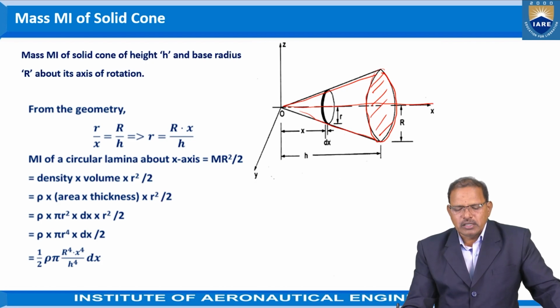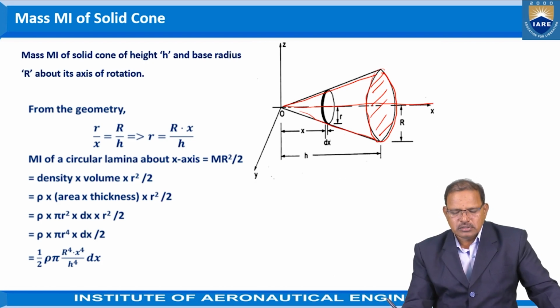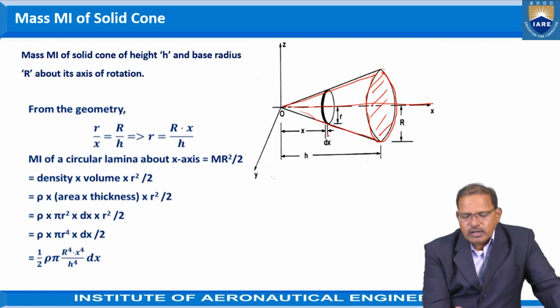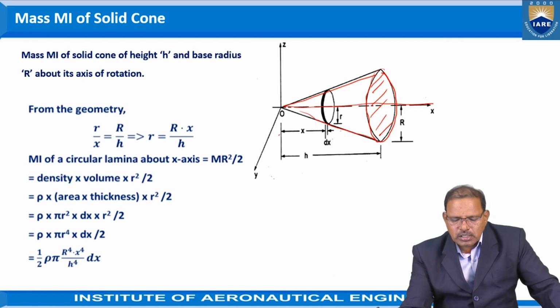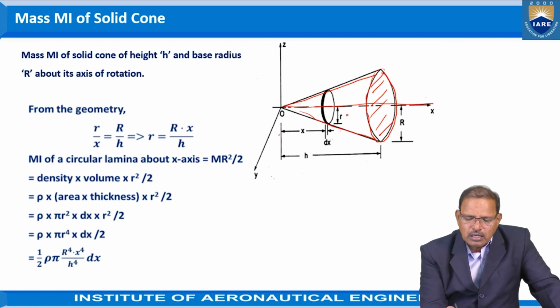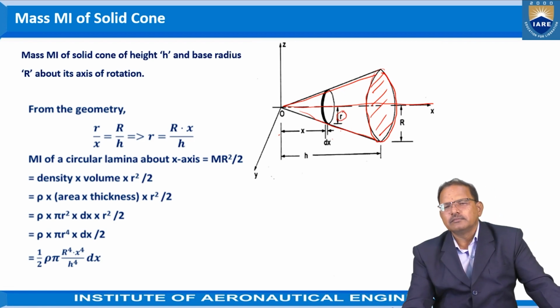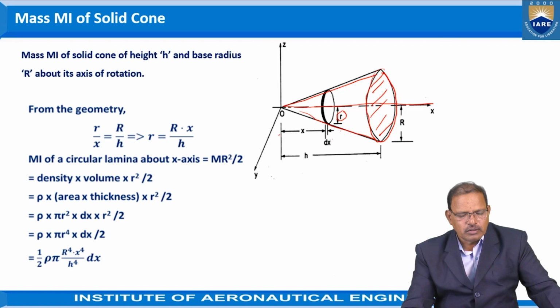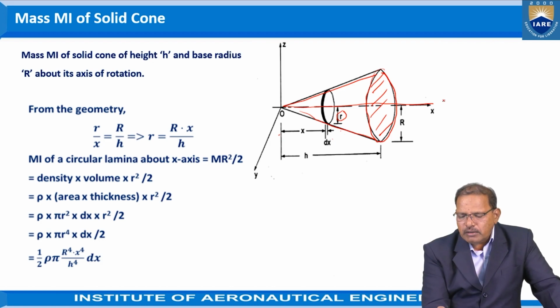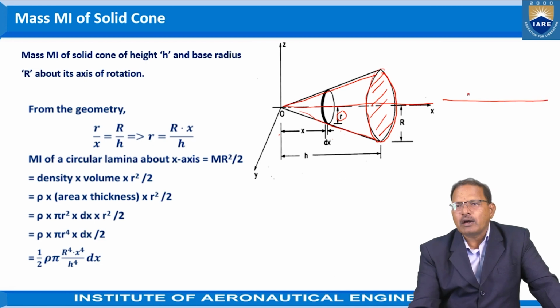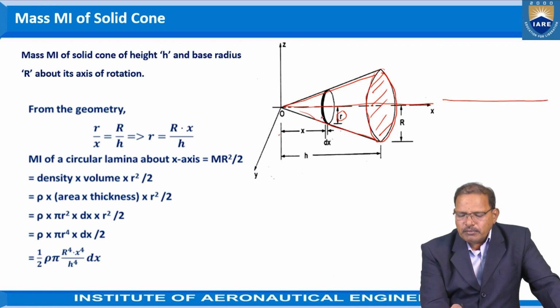In order to determine this value, first of all consider a small ring having thickness dx at a distance of x from the apex, as shown in the figure. The radius of the ring is represented as small r. According to the principle of geometry, I am drawing this as an orthographic projection, taking only half of the cone.